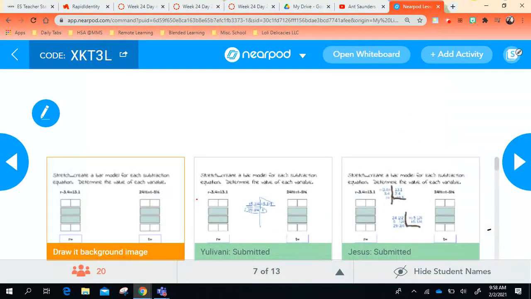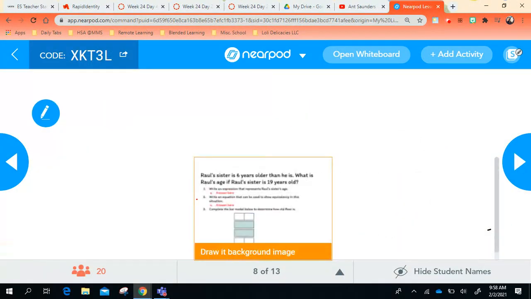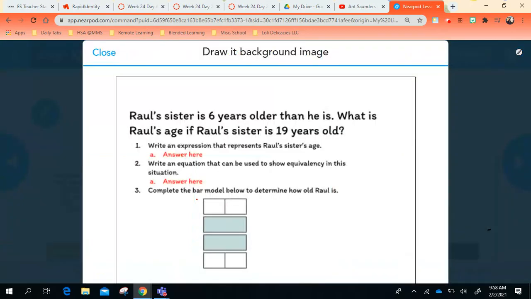Let me see what slide we're on. Okay, let's do one more. This is a little bit different. So Raul's sister is 6 years older than he is. What is... No, I'm going to pause this here.